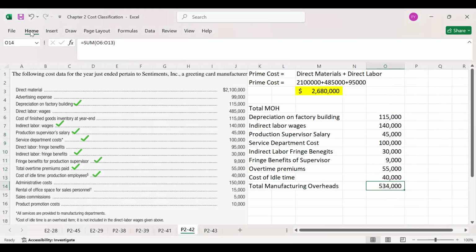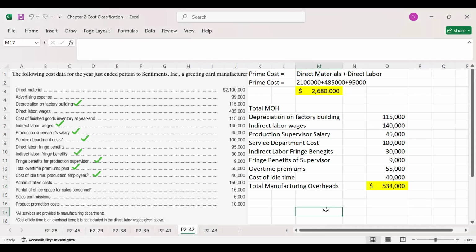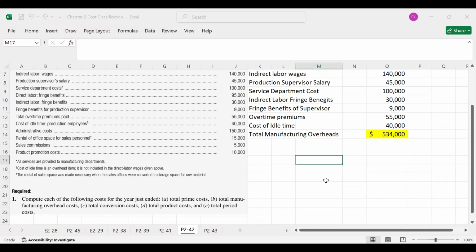And here we highlight it. This is the second requirement. The third requirement is about the calculation of total conversion cost.